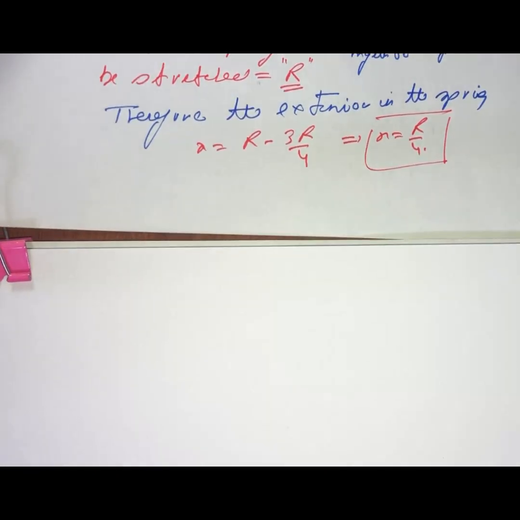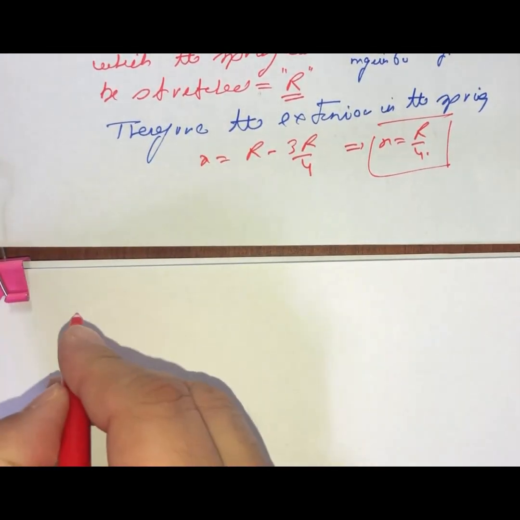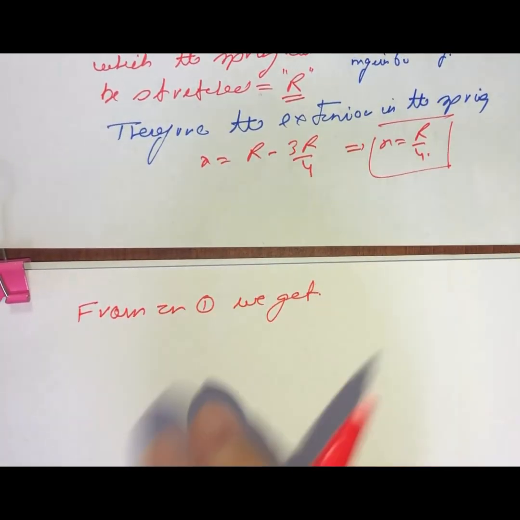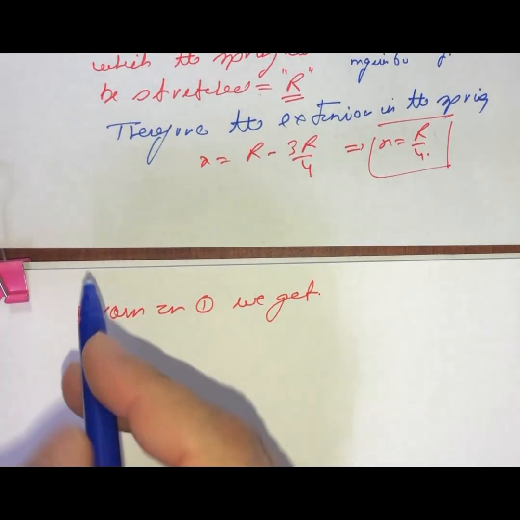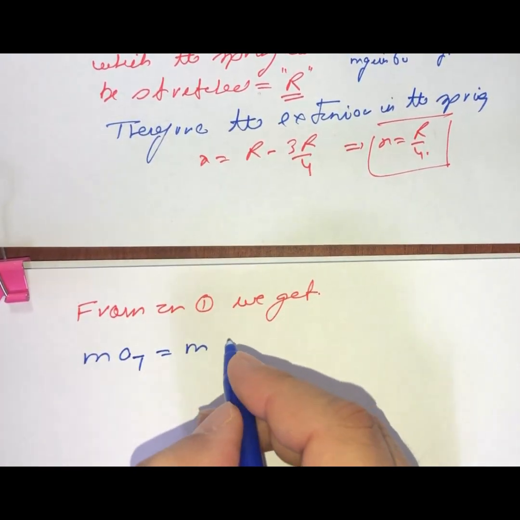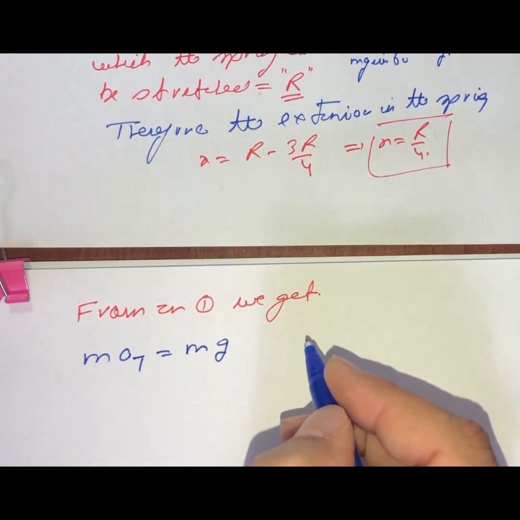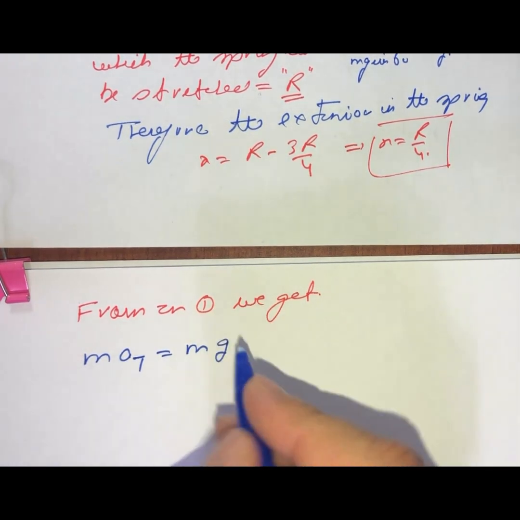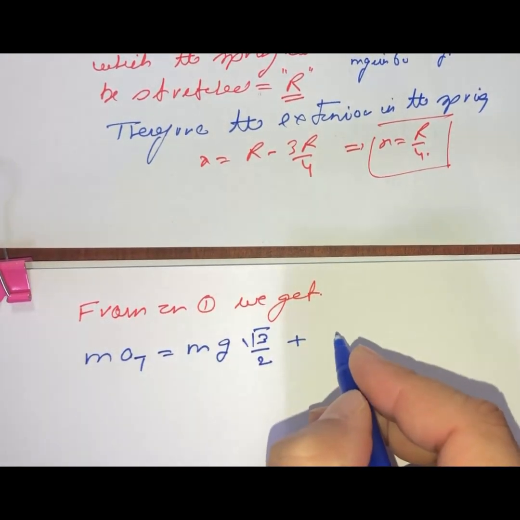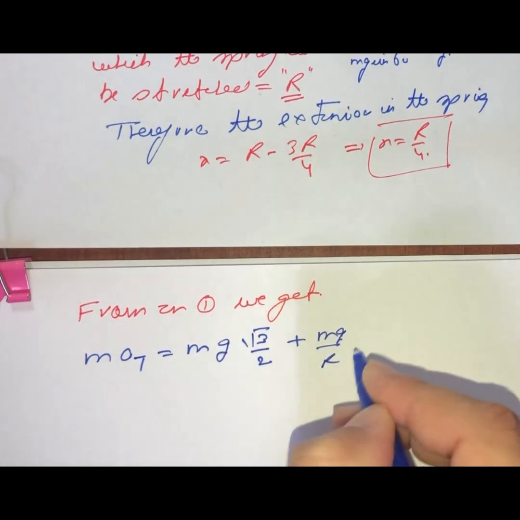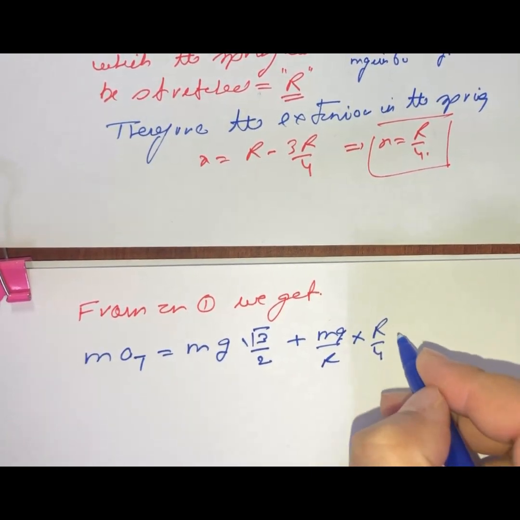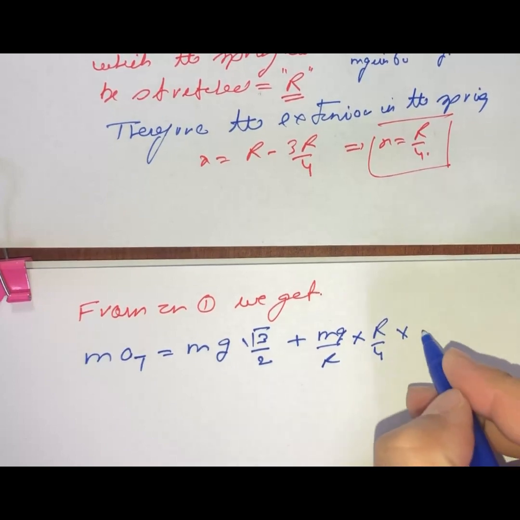So from equation 1 we get m a T is equal to mg, and we have sine 60, that is root 3 by 2, plus constant k, which is given as mg by r, and x we found out is r by 4, being multiplied by cos of 30. Cos of 30 is root 3 by 2.